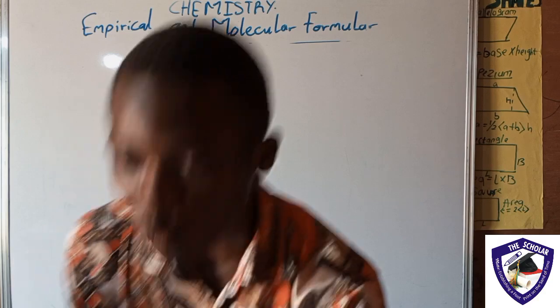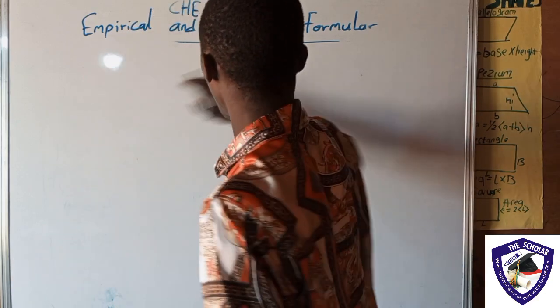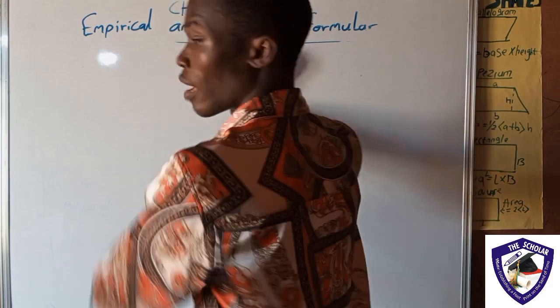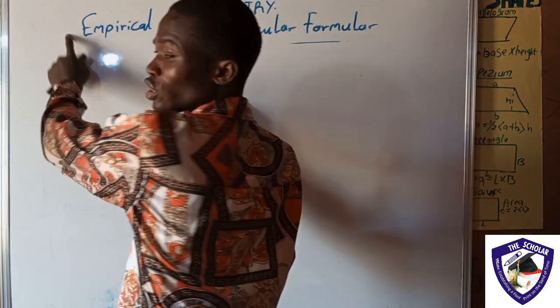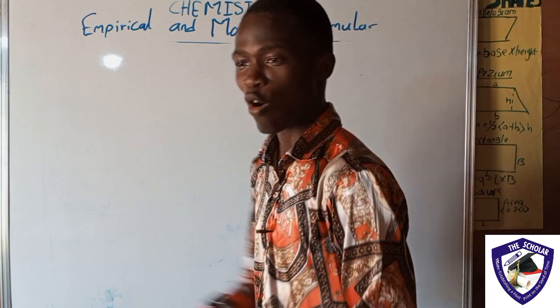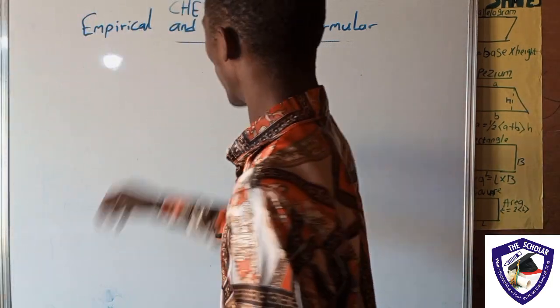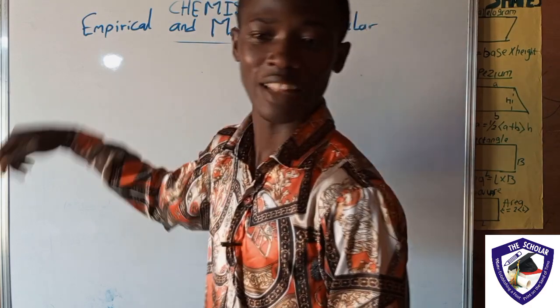Let's take a look at another question. So this question we are going to what? Calculate empirical formula and molecular formula. I said earlier that to calculate molecular formula, we calculate molecular formula from the information gotten from empirical formula or the atomic mass of each of the various elements.